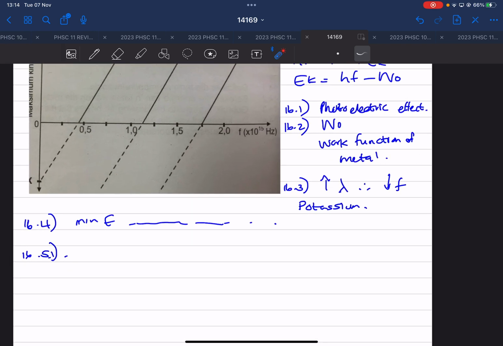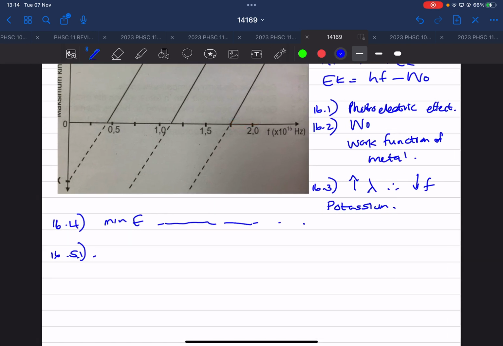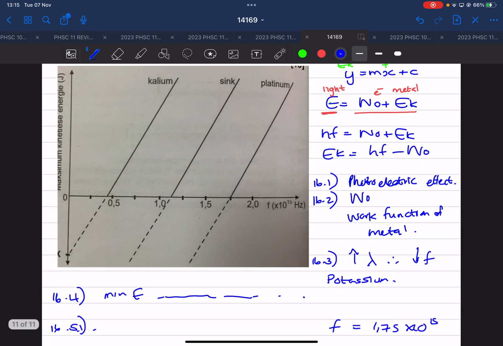Okay. So what do we have there? We have the frequency, a frequency of 1.75 times 10 to the power 15. But what frequency? Want hy staan daar deur op 'n lyn. What do you call that minimum frequency needed to release an electron from a metal surface?